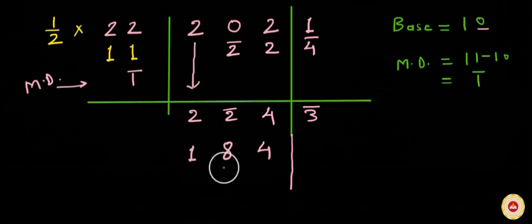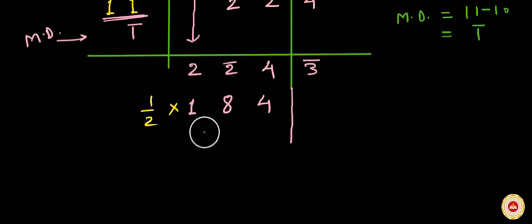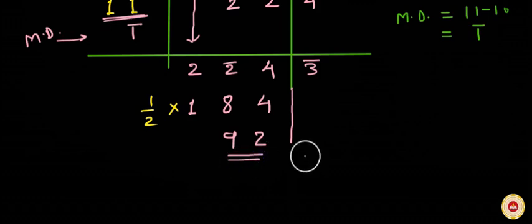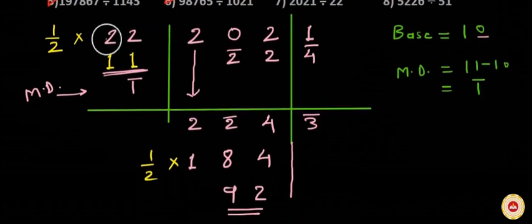So obviously this quotient is for this 11 and not for this 22. To get quotient for this 22, we have to multiply this quotient by 1 upon 2. So let us multiply this quotient 184 by 1 upon 2. What is answer? 184 divided by 2 is 92. Now friends, this is quotient for 22.